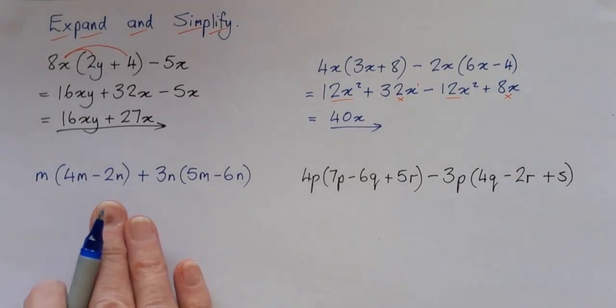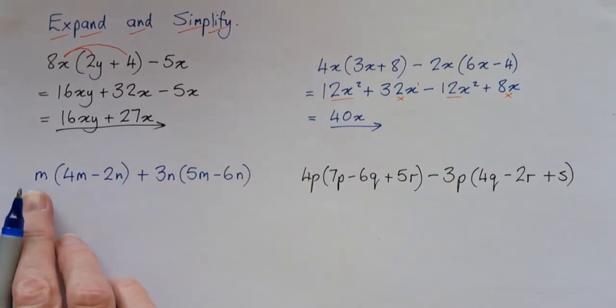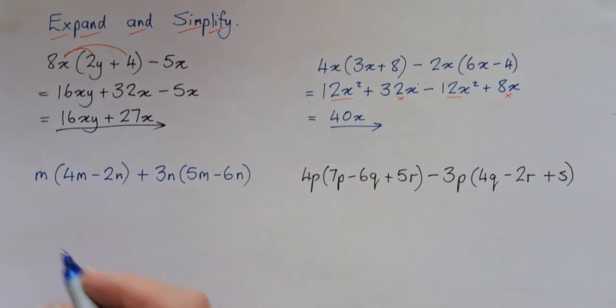Okay, let's have a look at this one. It looks very similar to that because I've got two lots of brackets with something being multiplied in. Let's see what happens in this situation.